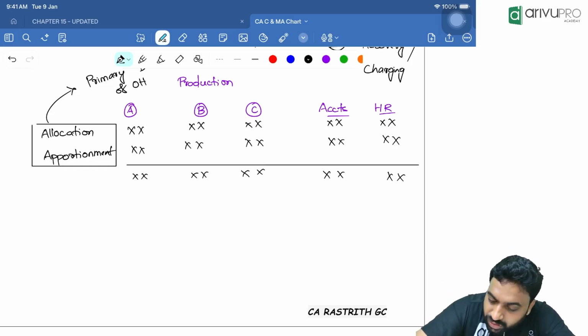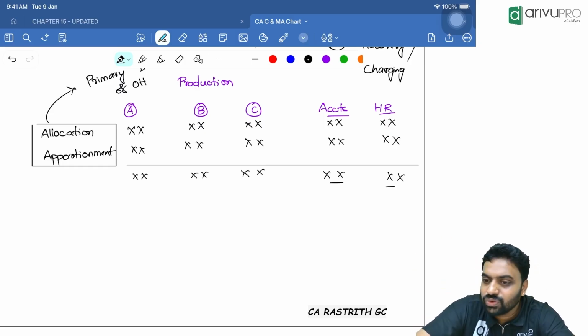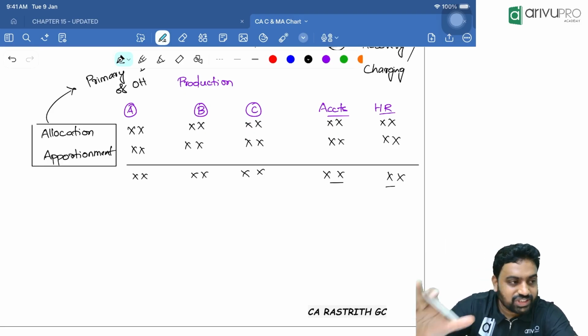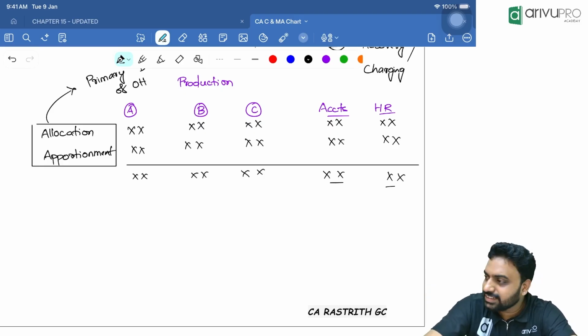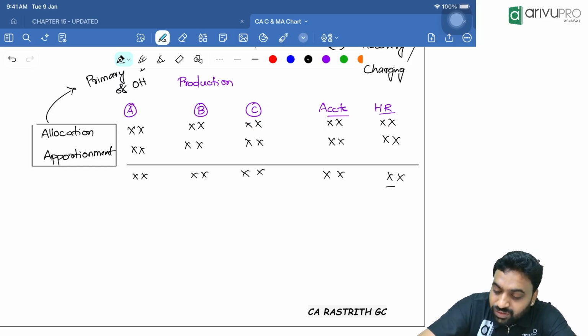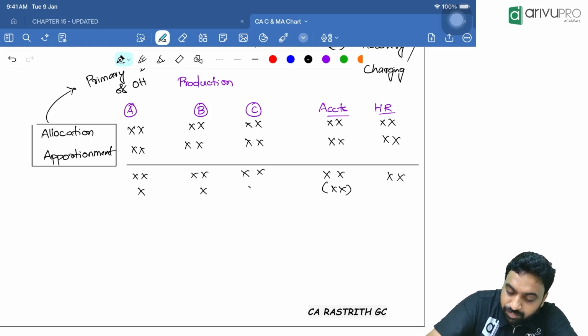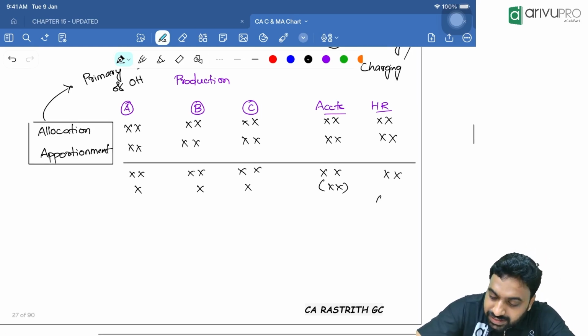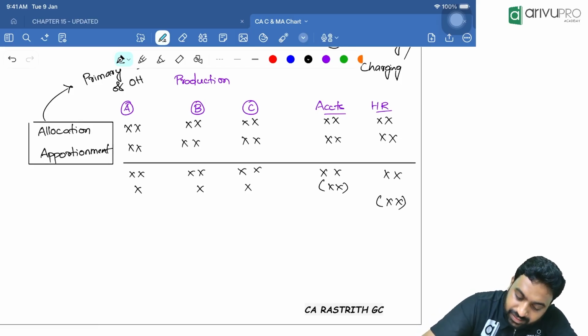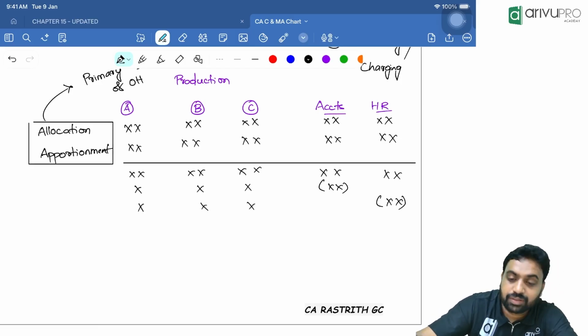Now, can I ignore this? No. If I want to ignore this, I can ignore the full overhead, no? I want to charge whatever I incur as an organization to my customers' product. That means this also should be charged. That's the reason what we will do: accounts department, whatever is there, we will charge it to the production department. HR department, what is there, I will charge it to the production department.